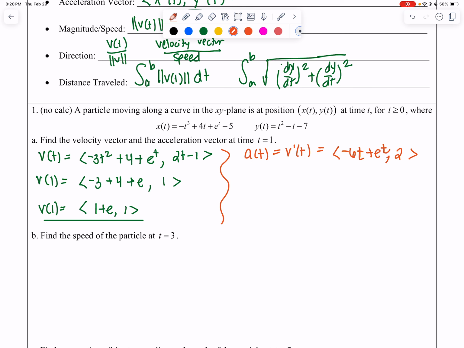And then we're going to find the acceleration vector at time t is equal to 1. So that's going to be negative 6 plus e, and then 2 being your y component.